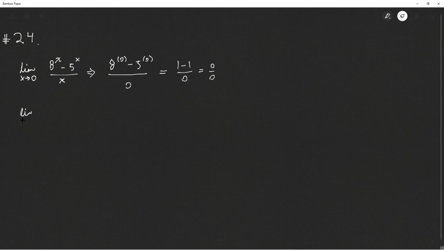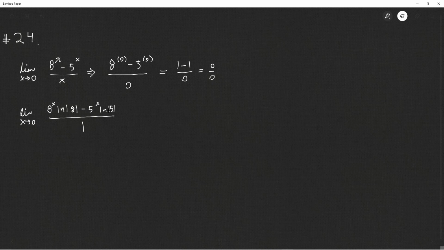So now we get the limit as x approaches 0, and our 8 to the x will become 8 to the x ln of 8 minus 5 to the x ln of 5, and that will be divided by 1.